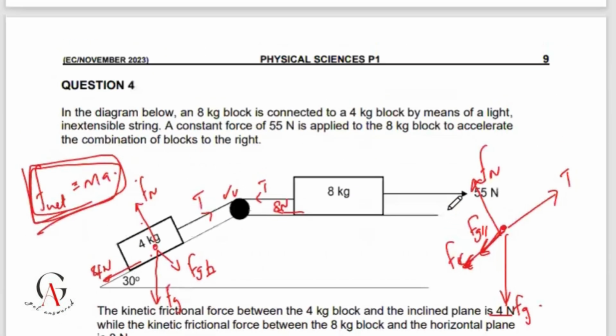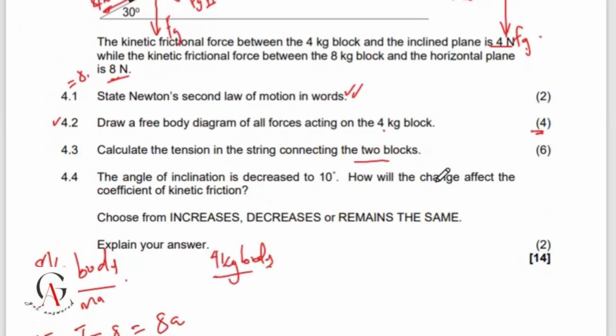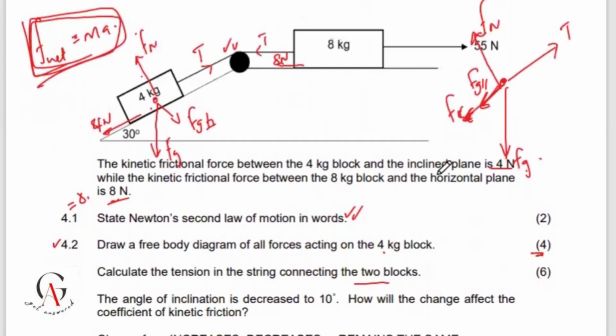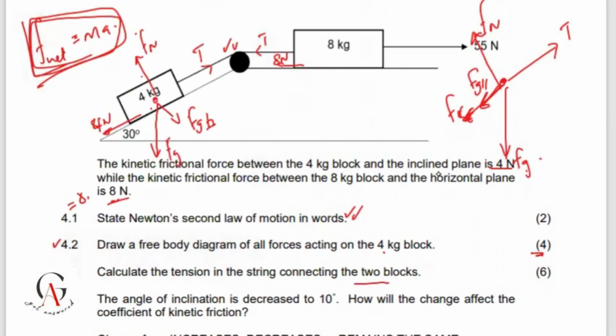Then when I look at my 4 kilogram body, just using this approach so that we can split it up one at a time. But we can also look at it as a whole. So with that, I have my tension. So the tension is going to be leading. We're saying F net is equal to ma. So tension is leading. We are subtracting the 4.